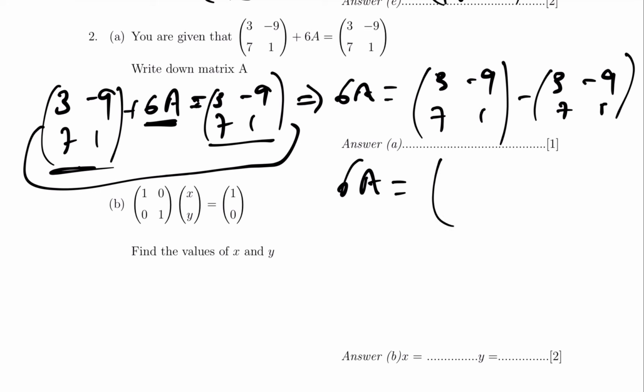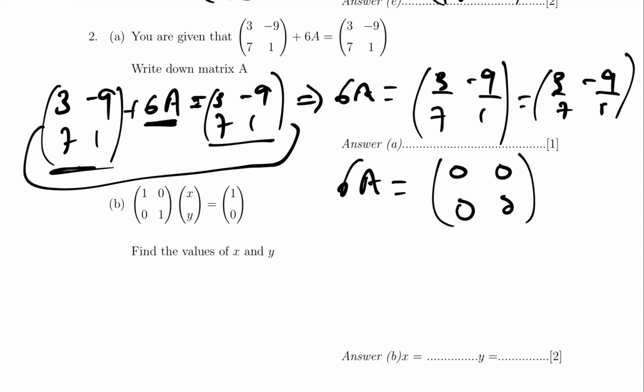Every corresponding element will subtract each other. So 3 minus 3 we get 0, -9 minus -9 we get 0, 7 minus 7 we get 0, 1 minus 1 we get 0.